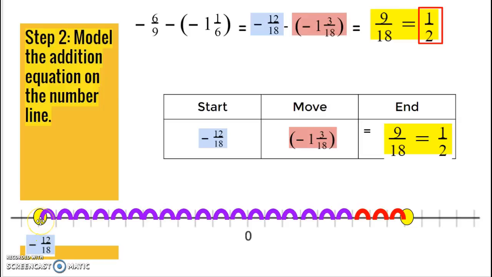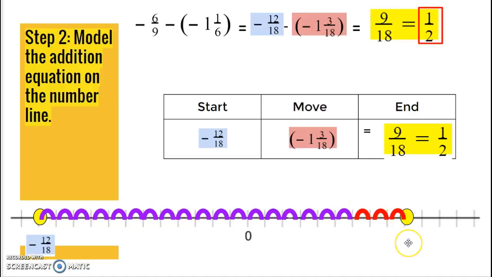So if I start here at negative 12/18 and move 1, 2, 3, 4, 5, 6, 7, 8, 9, 10, 11, 12, 13, 14, 15, 16, 17, 18 spaces, that's moving a whole number, 18/18, the whole number 1, and then I continue moving the fraction part, 1, 2, 3/18.